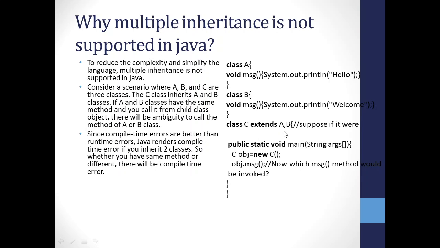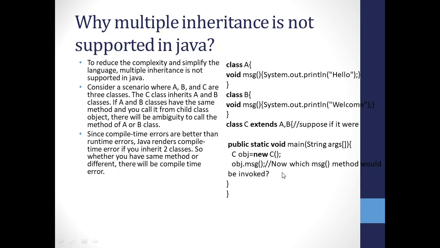By extending A, B, when both classes have the same method or variable, there would be an error, a compile-time error.